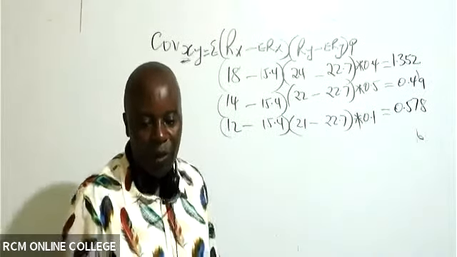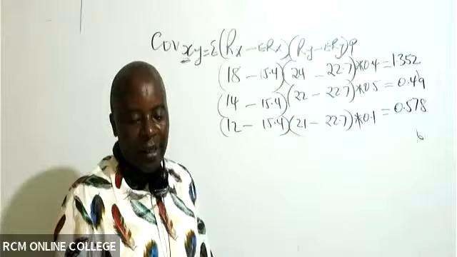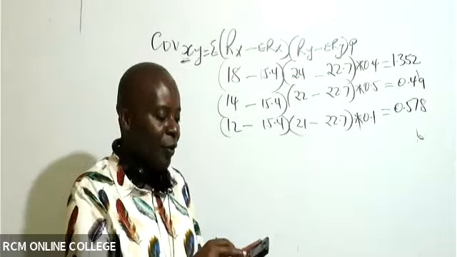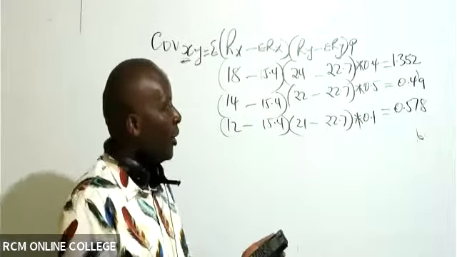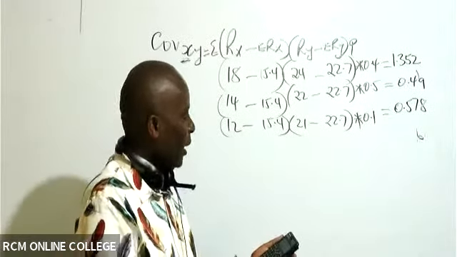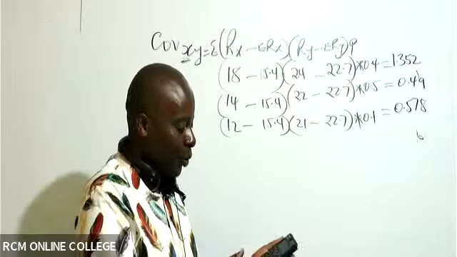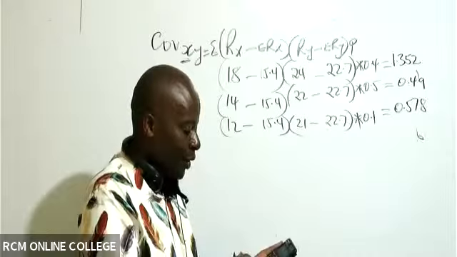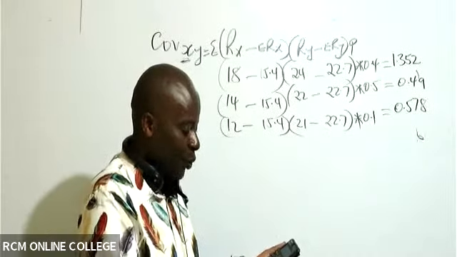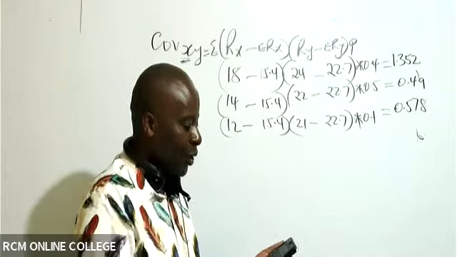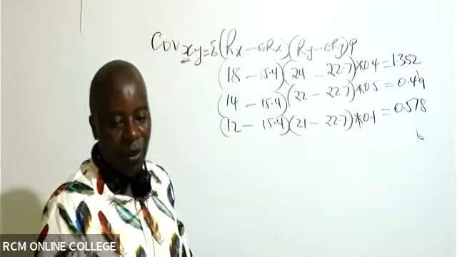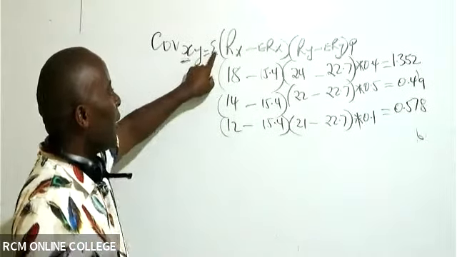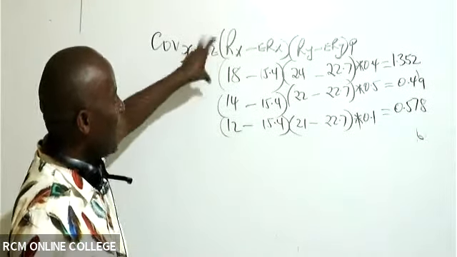The second one is 0.578. So let's confirm the third one: 12 minus 15.4, close, times open 21 minus 22.7, close, times 0.1, equals. I'm getting 0.58. Thank you so much. And then you can see this is not expected; this is sigma, for summation.